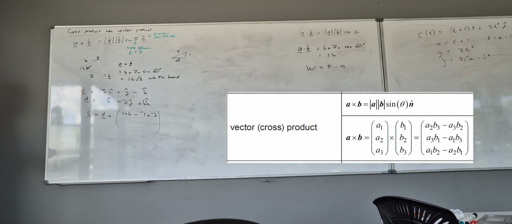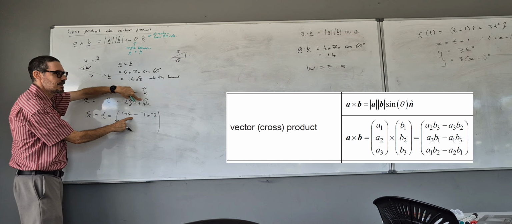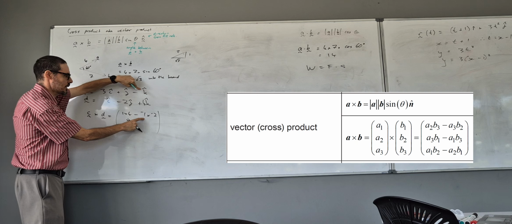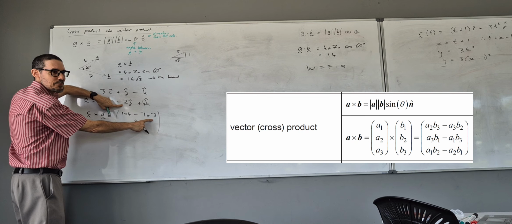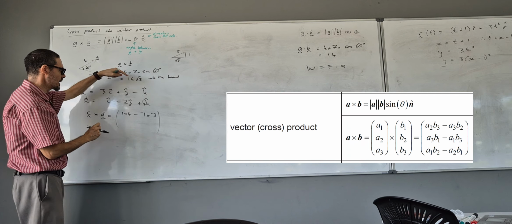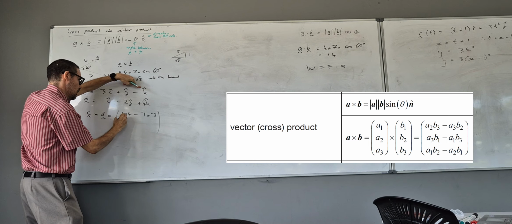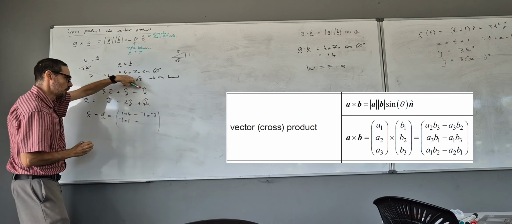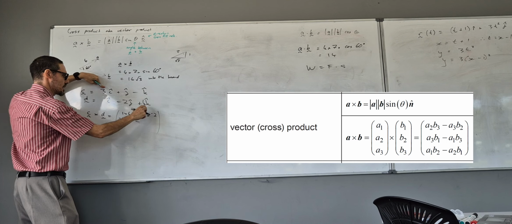See, I'm getting those numbers out of that formula. A2, B3, A3, B2. Be very careful with negative signs. Next one says A3, B1: -1 times 1, minus A1, B3: 3 times 4.